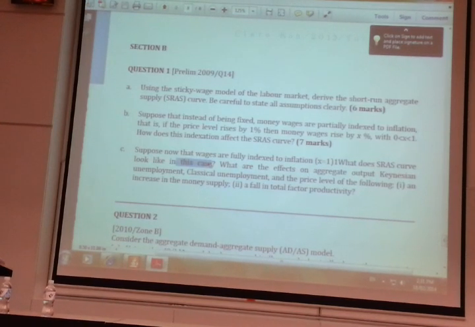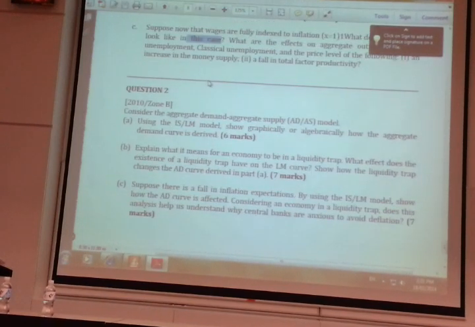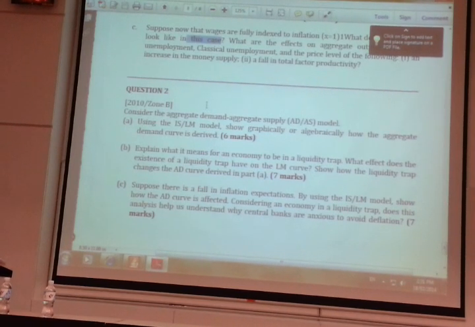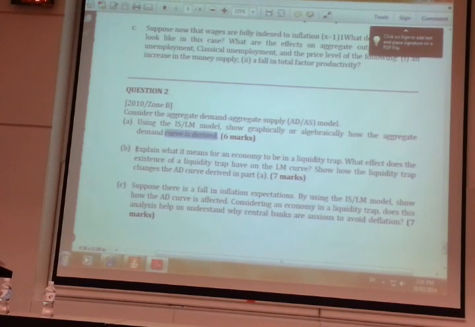Let me show you question 2. It will blow your mind away. It's very difficult. It's very time-consuming. Again, don't be deceived by part A. If you look at part A, derive the AD curve, all of you will do the Keynesian cross, like what we did earlier on in section A. 6 marks.